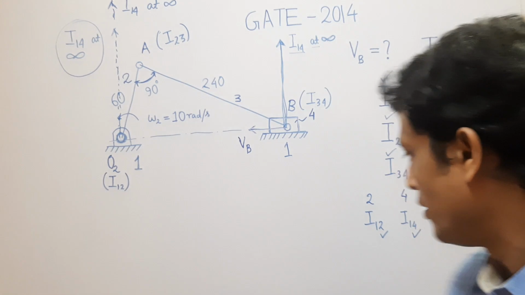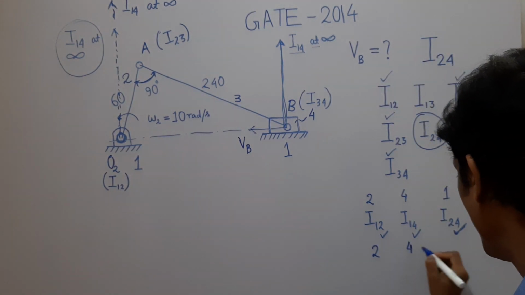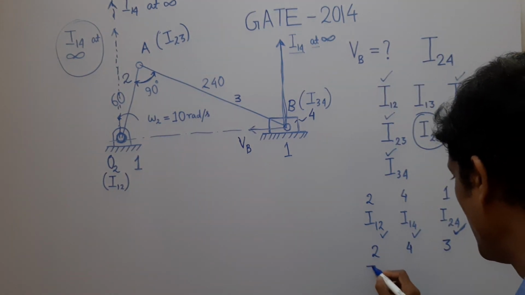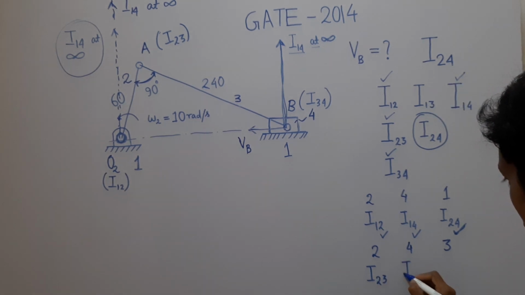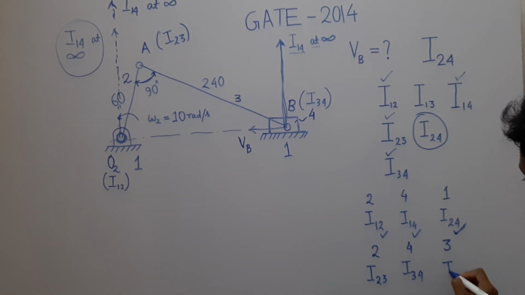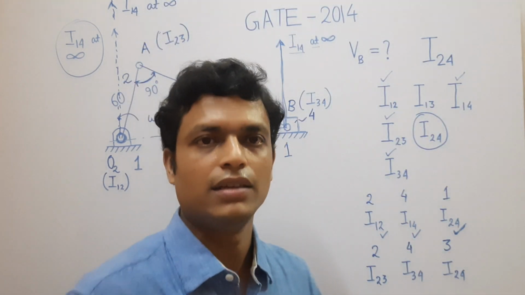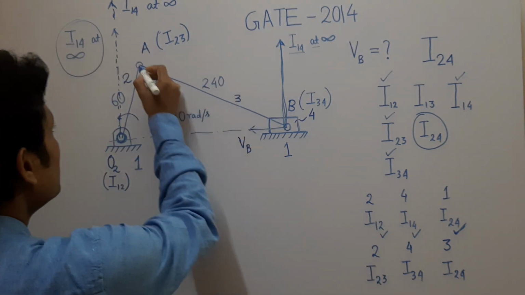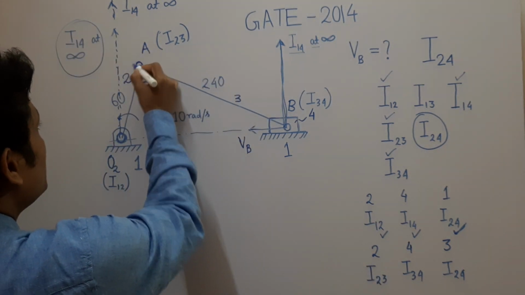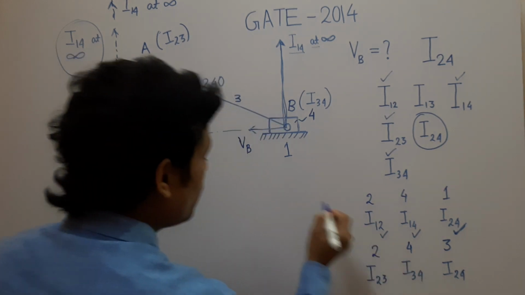Now take links 2, 4 and 3. What are the instantaneous centers? I23, I34 and I24. So these three relative instantaneous centers will also be collinear. Where is I23? This is I23, A. Where is I34?